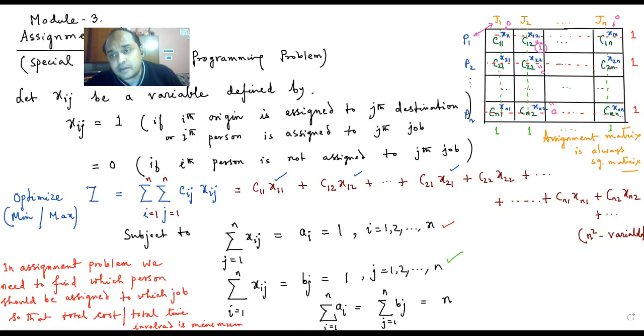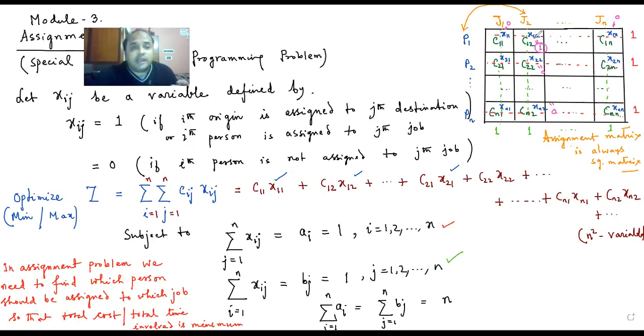All the other variables should have the value 0, and all the other variables in column 2 must be 0 other than x12. So when I write x12 equal to 1, that means I am assigning person P1 to job J2, or assigning job J2 to person P1, which is signified by the value x12 equal to 1.